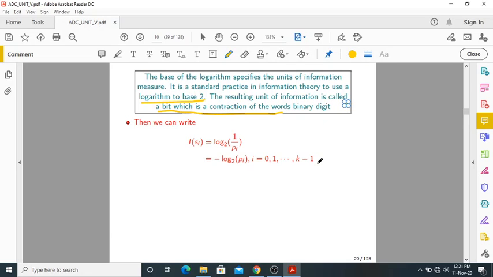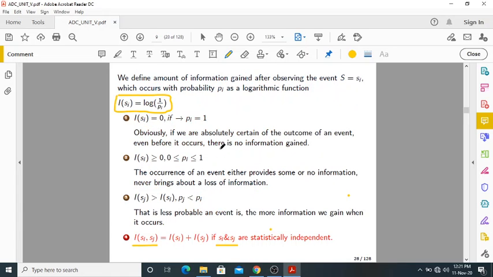The amount of information is in bits. You must call the unit of information bit if you take the logarithm to base 2. Here we typically take the logarithm as base 2.